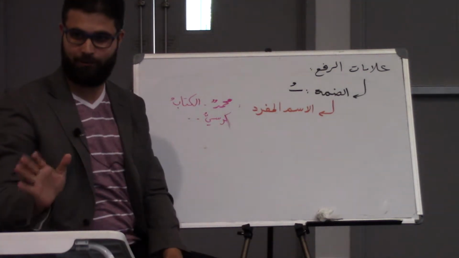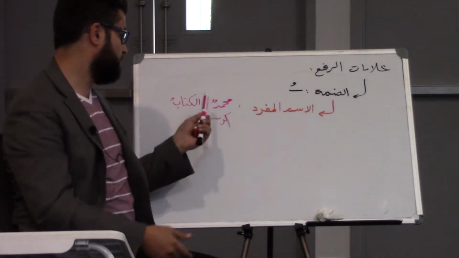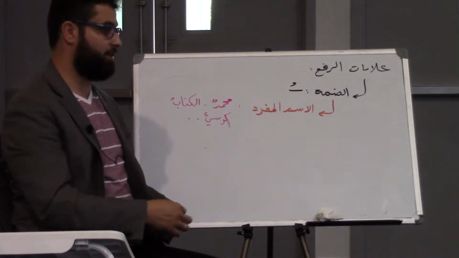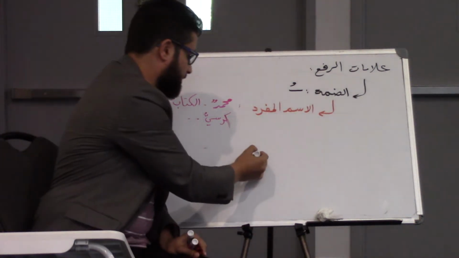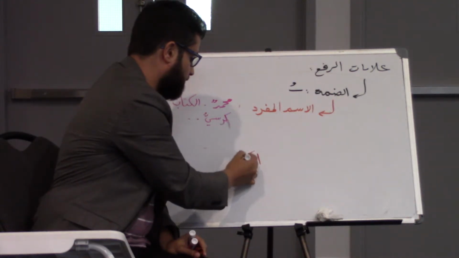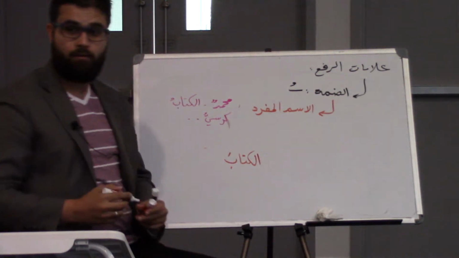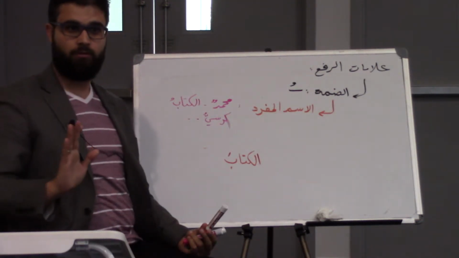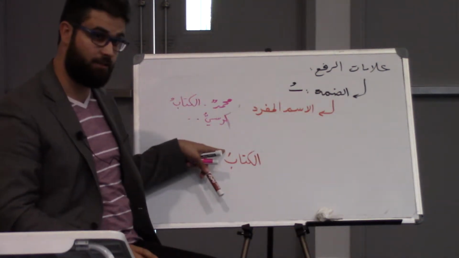Does that make sense? This is what we're learning right now. So if you were to see the word kitab, right, in a sentence, but it doesn't have a dhamma on it, it has a fatha on it. Is it marfu'? No. It's not marfu' because it has a fatha, it doesn't have a dhamma, right?